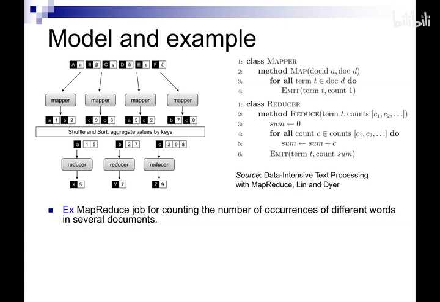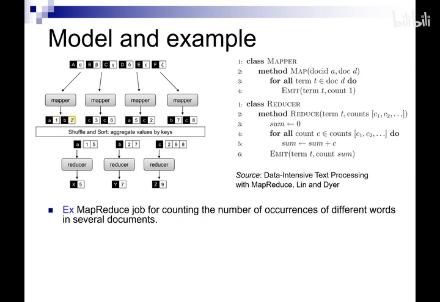Then the mapper is going to do that on all of the documents that it receives from the file system, and it's going to output a bunch of these key value pairs. Let's look at the diagram over here. Imagine that these are files, and these files are distributed to the mappers. The mapper goes through all of these files and says that A occurred once, so there's one tuple A, comma 1.